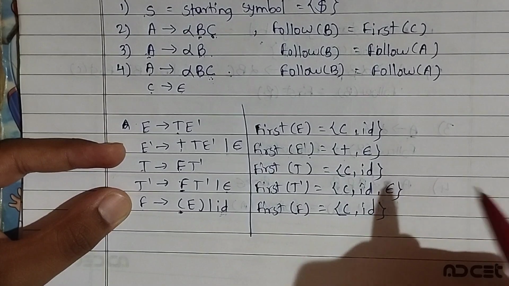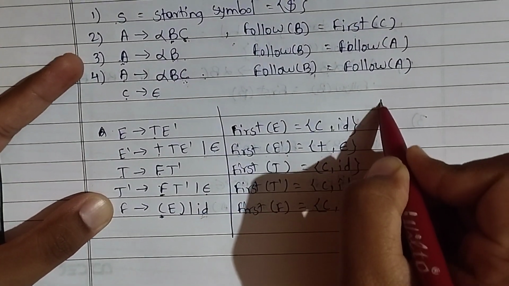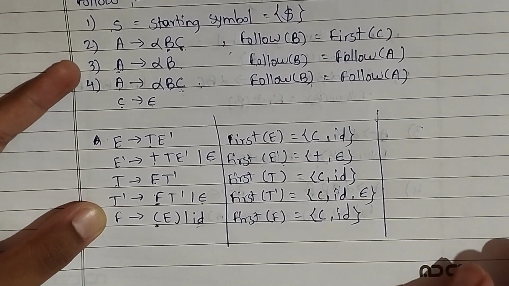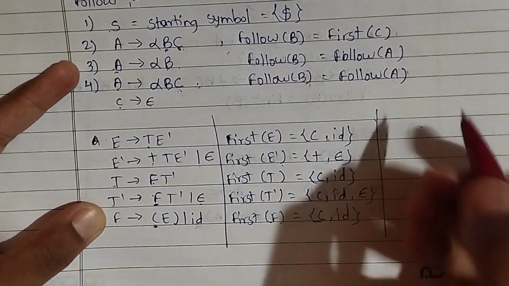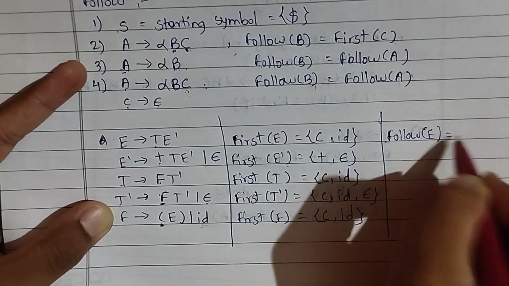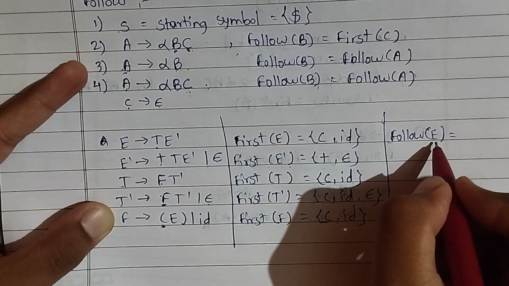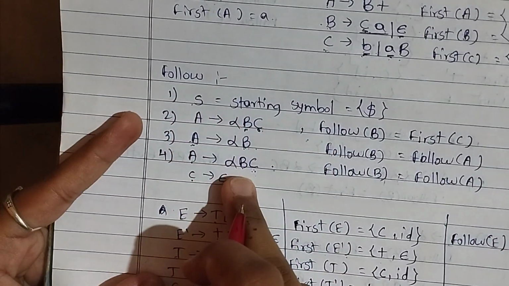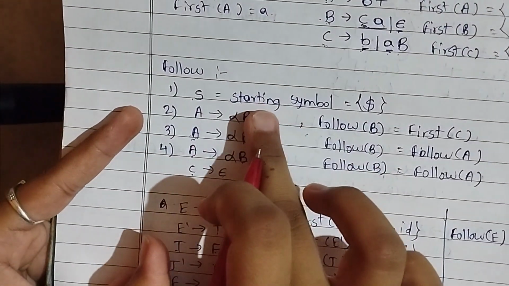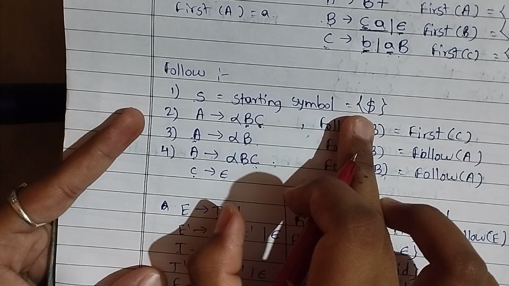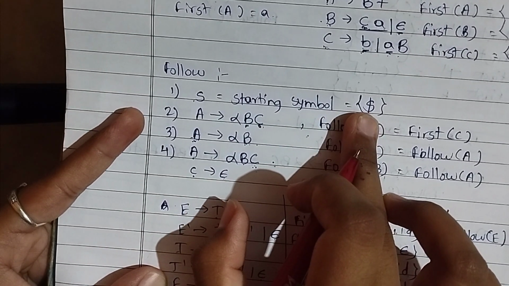Now we find the follow. So we get the proper idea how all the first and follow work. Follow of E. As this is the starting symbol, first our duty is to write dollar, which is mentioned here. These are the rules for the follow. If any symbol is the starting symbol, we always write dollar for the follow.